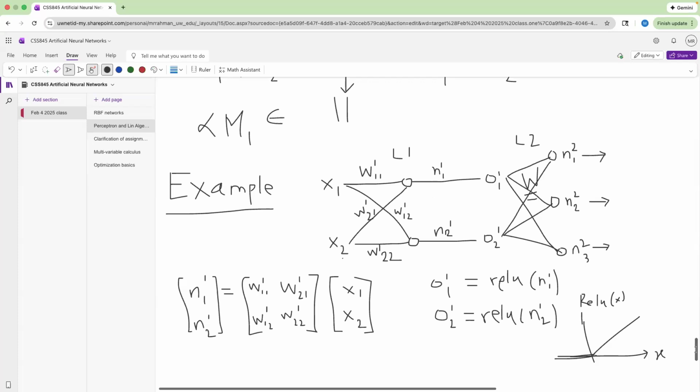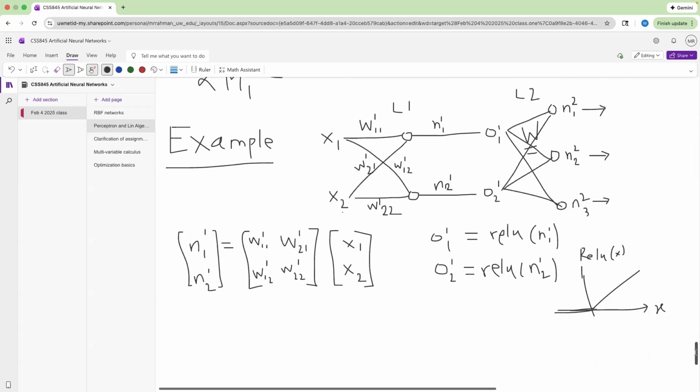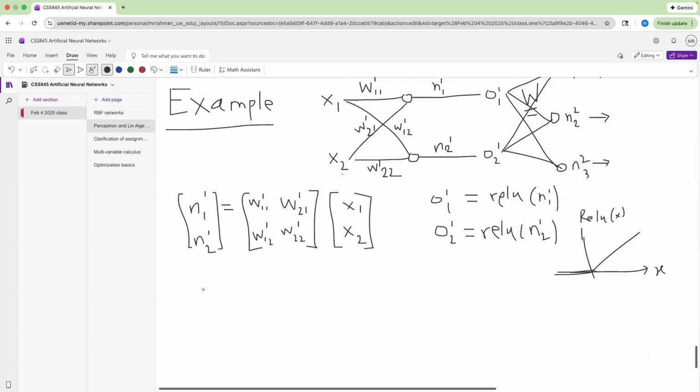And this is also going to be a similar matrix multiplication where now you're going to get N12, N22, N32, right?